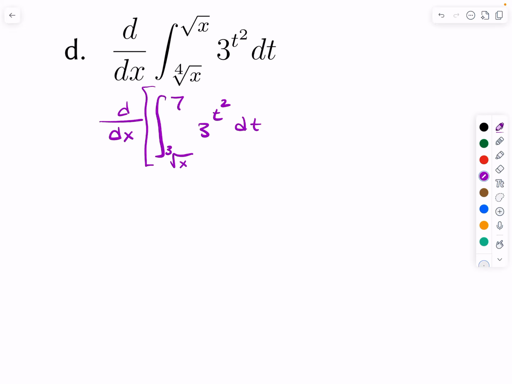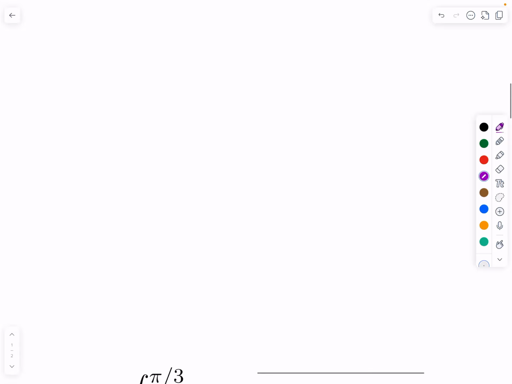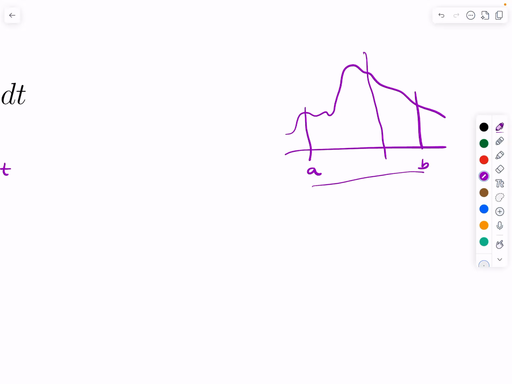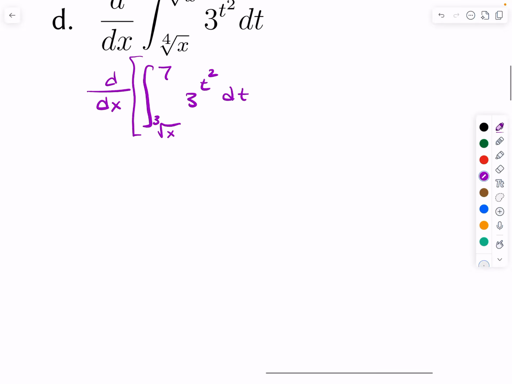And basically what you're doing here is you're imagining, remember that a definite integral is just an area. So you're imagining that you've got this function, and here's, let's just call that a and b. And instead of doing the area under the entire range there, you're going to cut it somewhere in between, and do this one first, and then do that one. So that's all we're doing here.